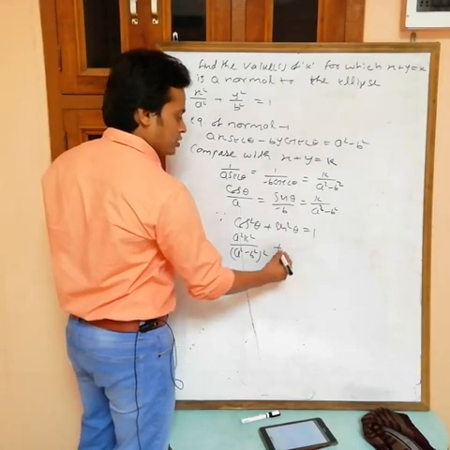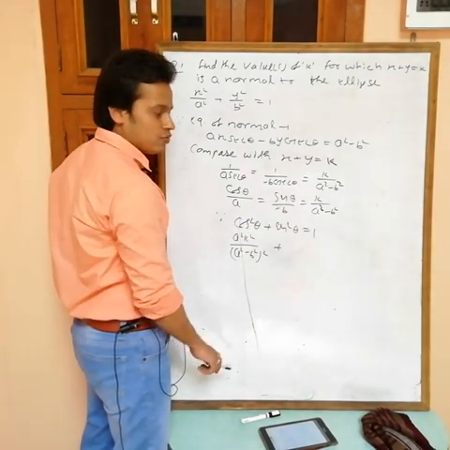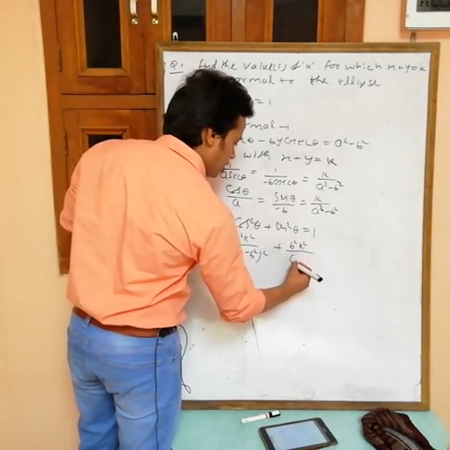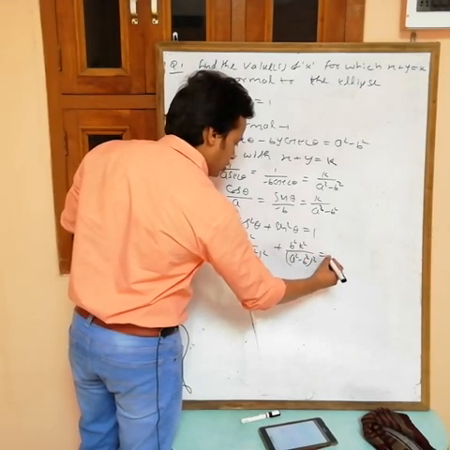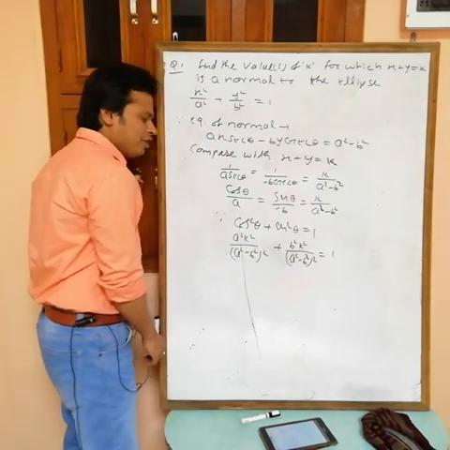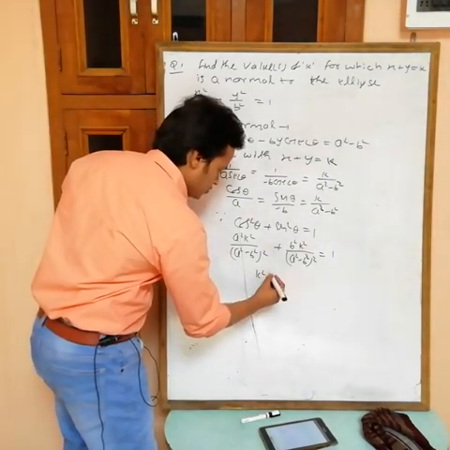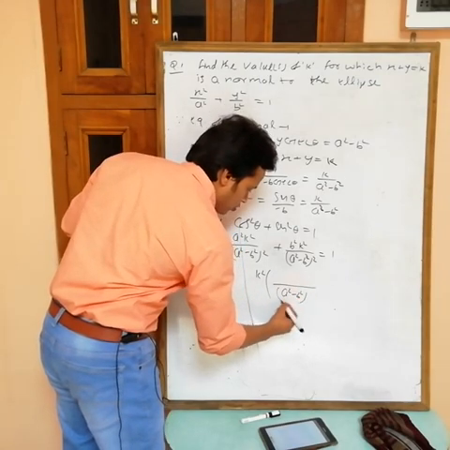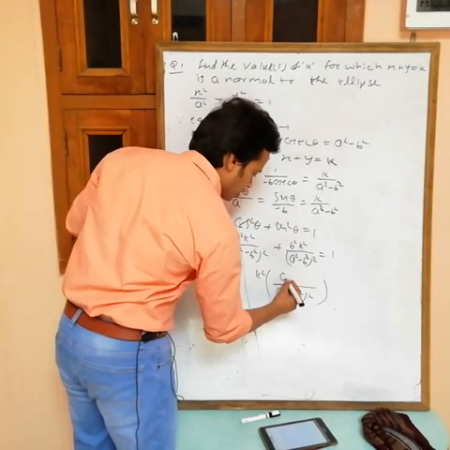Sine theta is minus bk by a square minus b square, so sine square theta is b square k square by a square minus b square whole square, equal to 1. Now we want the value of k. Take k square common, then the LCM will be a square minus b square whole square, and in the numerator we have a square plus b square.